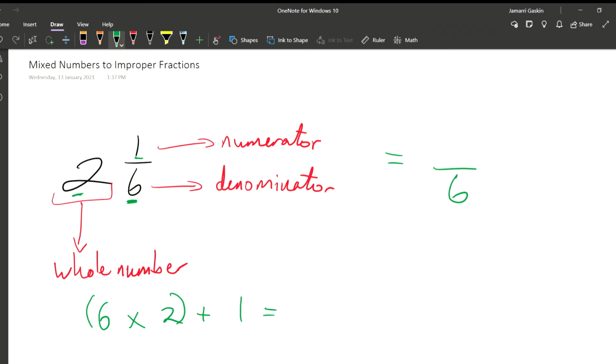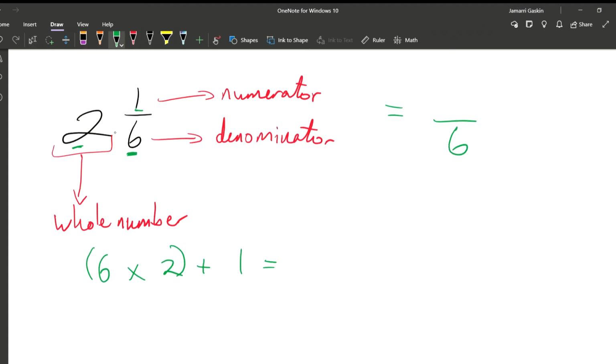So let's see what happens. 6 times 2 will give us 12. And 12 plus 1 will give us 13. So therefore, our numerator is going to be 13.